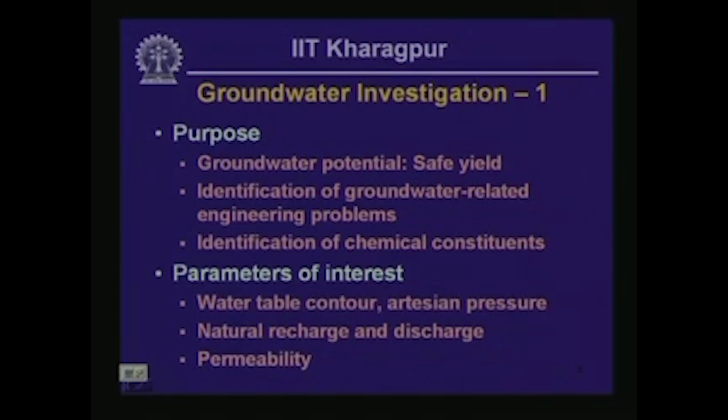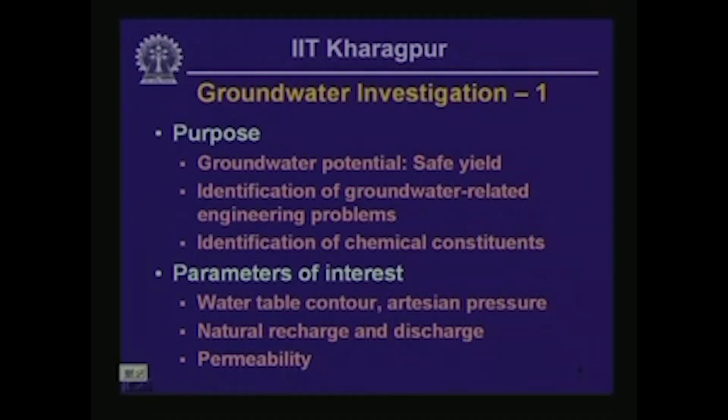Then the second purpose is to identify groundwater related engineering problems. We are going to look sometime later at some of these groundwater related problems that are handled by engineering, that often need to be handled by engineering geologists. And then we need to identify the groundwater chemistry in some problems.